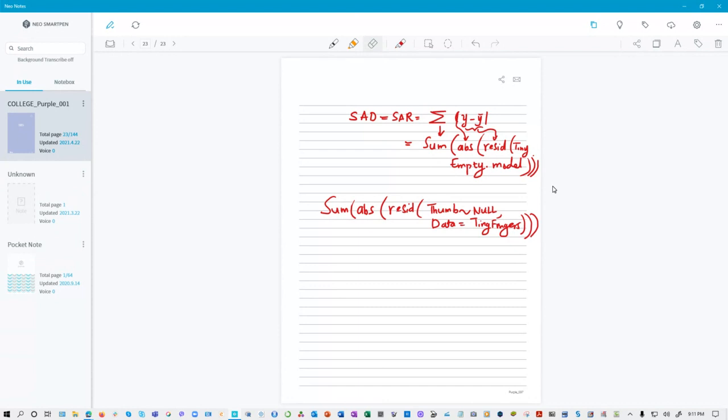That's another way of writing. Same thing. This is SAD, sum of absolute deviation or sum of absolute residuals. That's another way of writing. I think you can write it in one shot. You don't even have to go to the empty model. The empty model you can call over here. That will give you the SAD, which is 18.